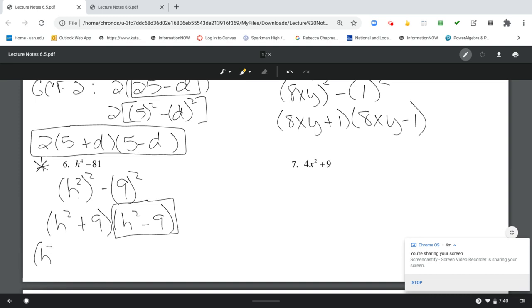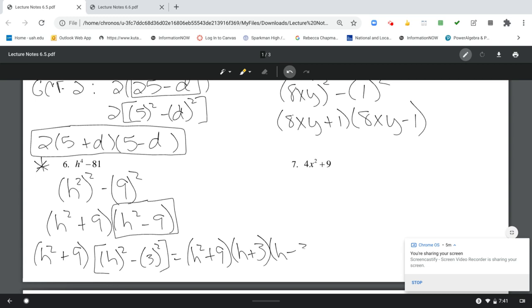The first parentheses, which is a sum of squares, I cannot factor while I'm working with real numbers. The second set of parentheses, I can actually break down into h squared minus 3 squared, and that will give me the sum, h squared plus 9, and then the conjugates, h plus 3 and h minus 3 as a final answer.